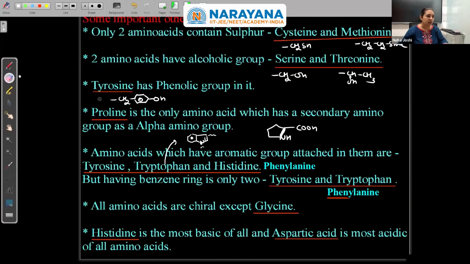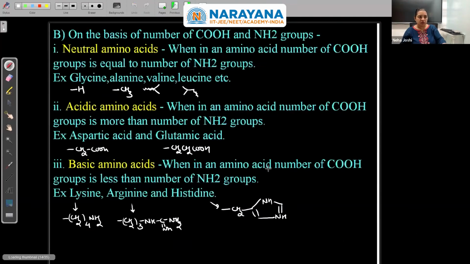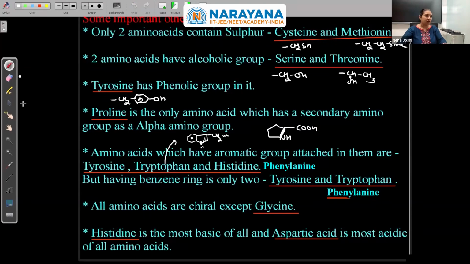Let me add that also. So CH2 and then like this. Histidine, I just drew a few seconds back. Here is histidine. Okay, phenylalanine, yes, phenylalanine also has an aromatic group. So amino acids which have an aromatic group are tyrosine, tryptophan, histidine, and phenylalanine.